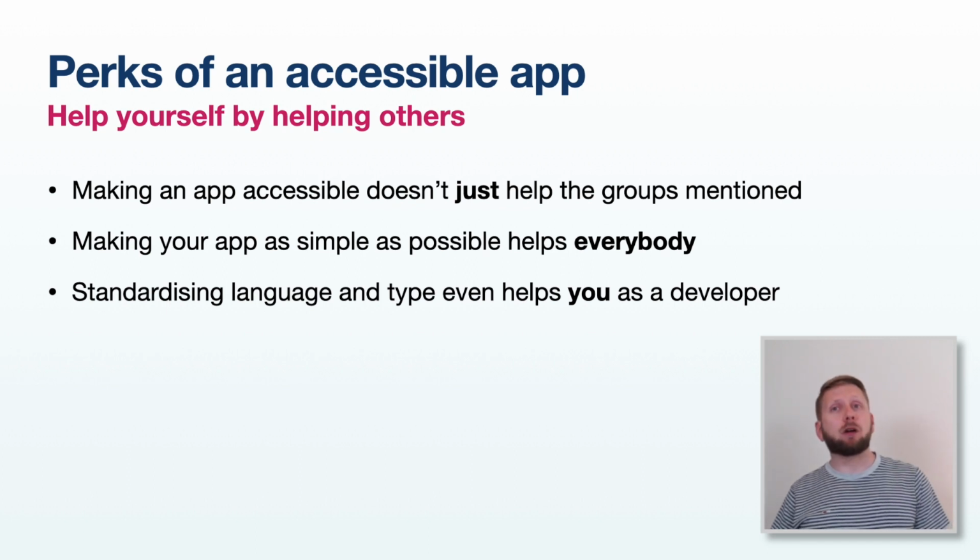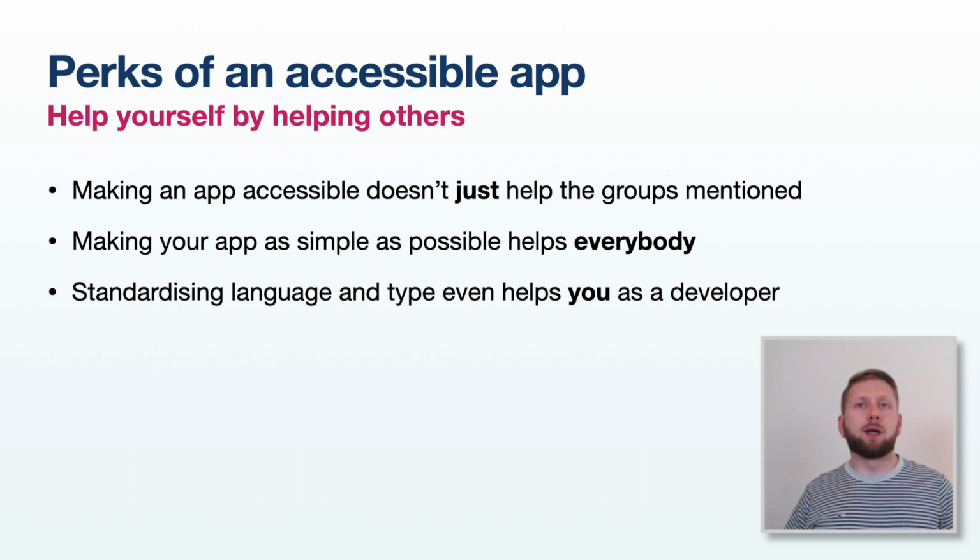And not just people using the app, but also the people developing the app. So you as a developer can also benefit from the fact that you're making an app extra accessible. By standardizing the language and the text that you use, or using consistent font styling or consistent type, that can really help you to make a clear application when you're limiting yourself to using the correct titles and the correct fonts, and not going all over the place and having to build components again and again, because you have one component that's very standardized and also very accessible.